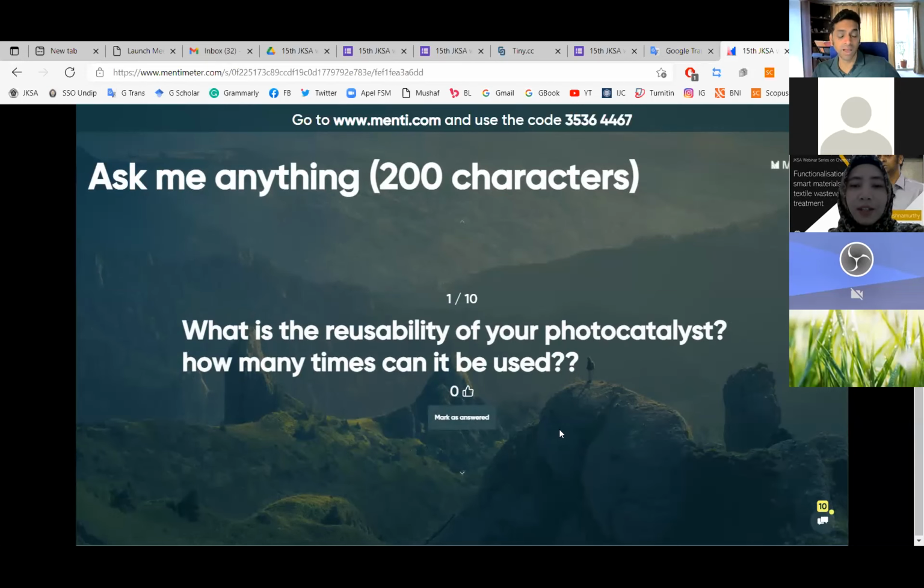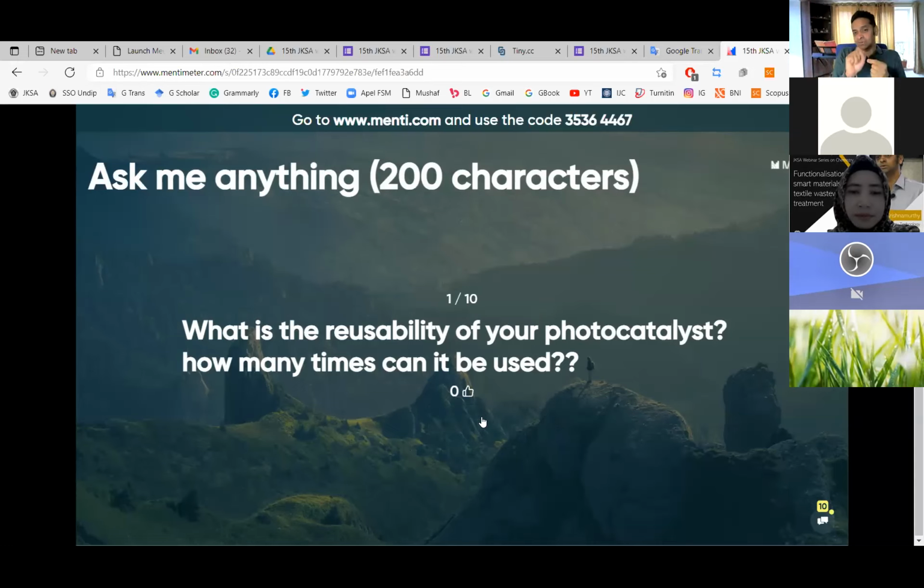Okay. What is the reusability of your photocatalysis? This is a really good question. The reusability of this catalyst is under study, because for commercialization, as I said, we use nanofibers, and on the nanofibers and on metal we can coat the catalyst.